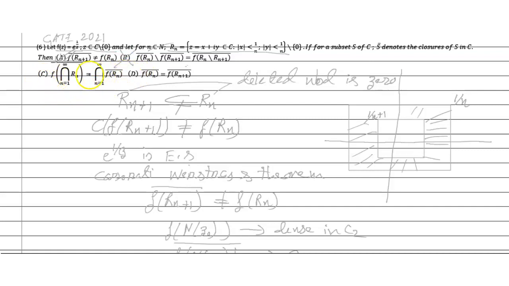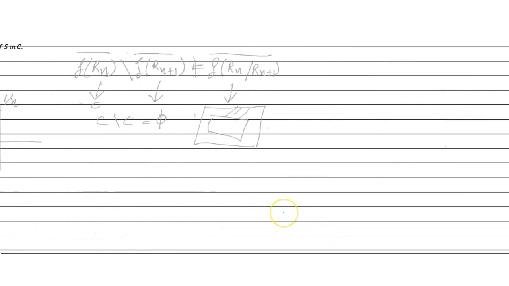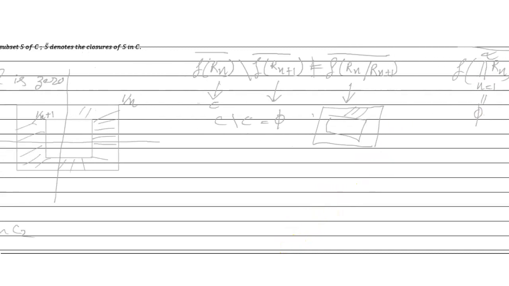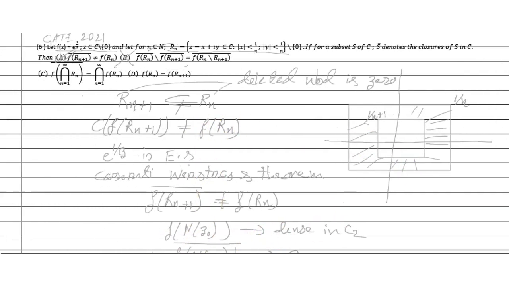Now we will see option C and option D. If the intersection over n equals 1 to infinity of Rn is phi, and the intersection of the closures of f(Rn), n equals 1 to infinity, equals C, so this is not equal, so this option is also false.